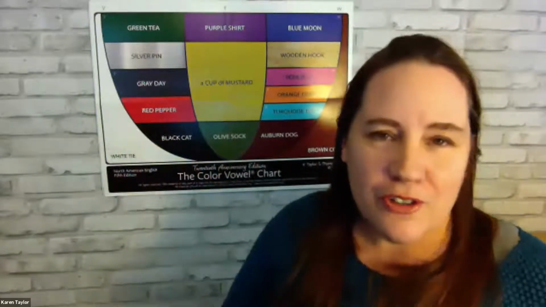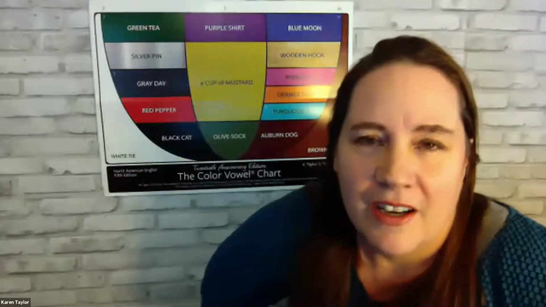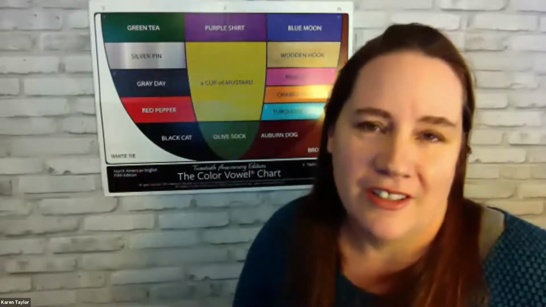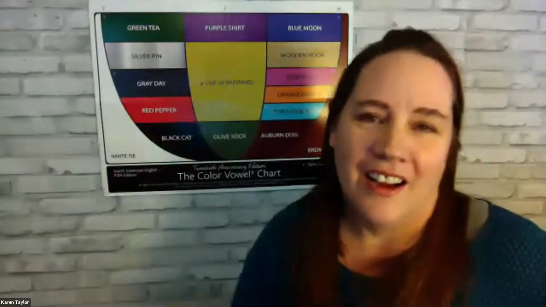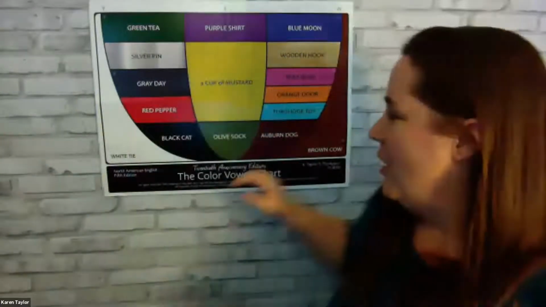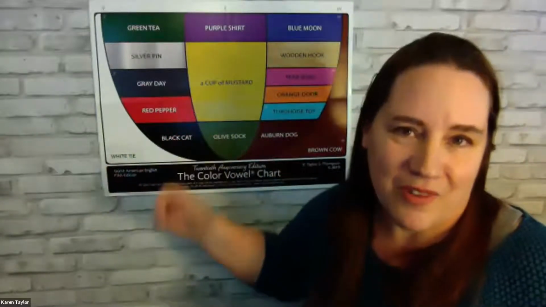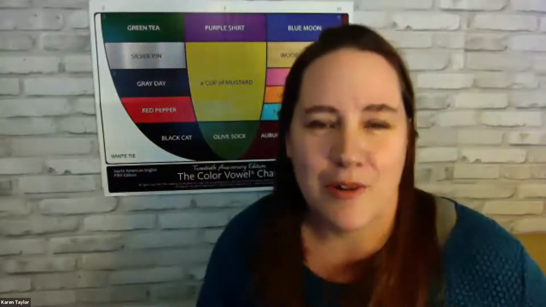And so if you're new to the color vowel chart, you should know that we organize words by their stressed vowel sound. So that if I take a word like Friday, I can categorize it as a white tie word. White tie Friday, right? And if I take the word Saturday, what color is that?